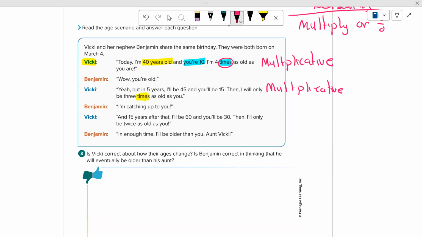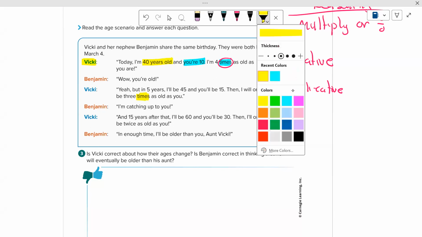Benjamin responds, I'm catching up to you. And then Vicky responds with, and 15 years after that, I'll be 60 and you'll be 30. Then I'll only be twice as old as you. So that's interesting. Let's look at that a little bit more. Let me get a different color highlighter. So they're saying 15 years after that, I'll be 60 and you'll be 30.